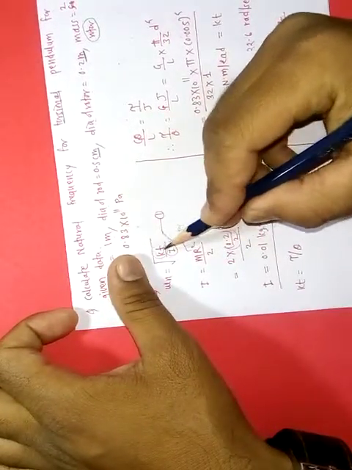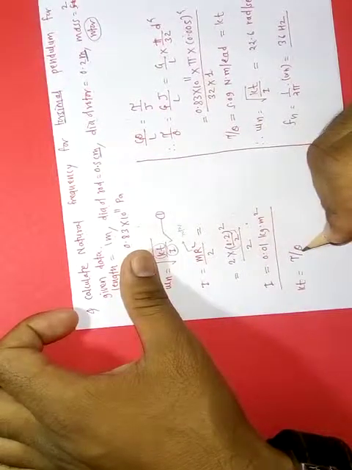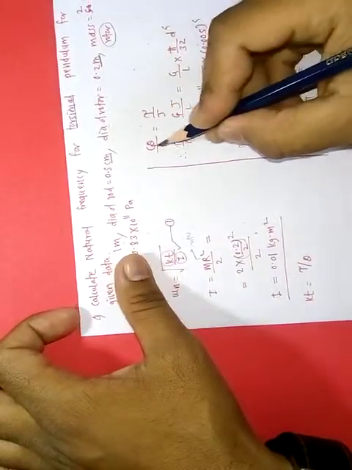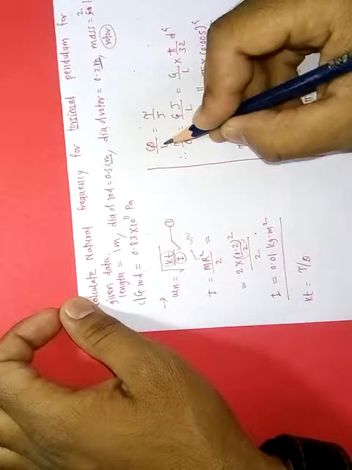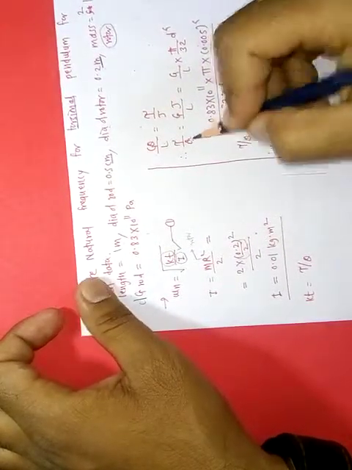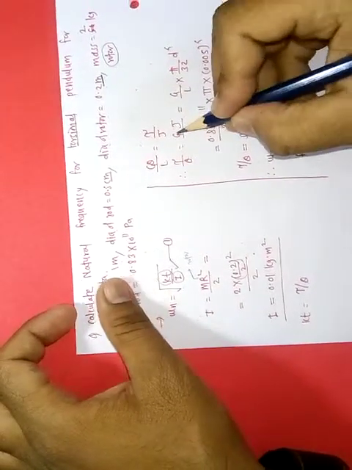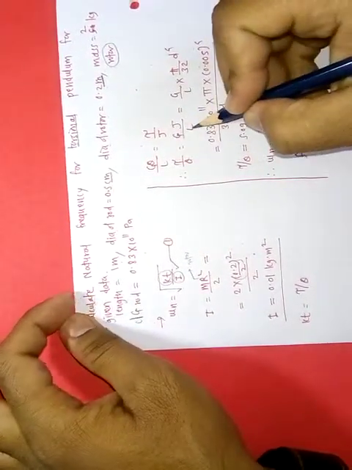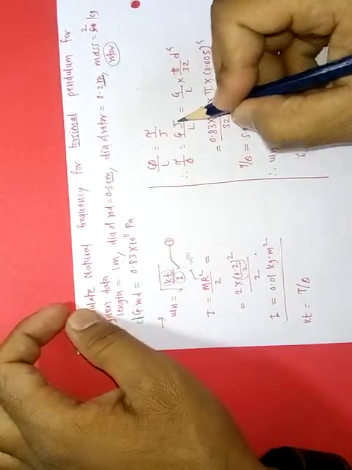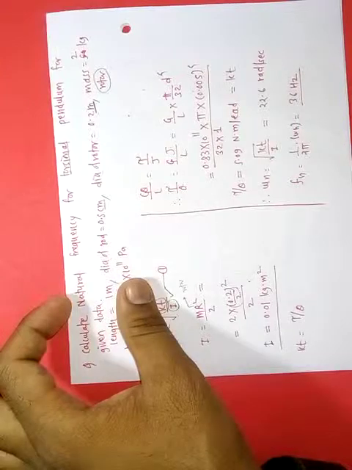Then kt is the torsional stiffness, that is torque per unit deformation. We have the relation C theta or G theta upon L is equal to tau upon J. So torque per unit deformation will be GJ upon L. G is given, length of rod is given, and the formula for J of the rod is pi by 32 d raised to 4.